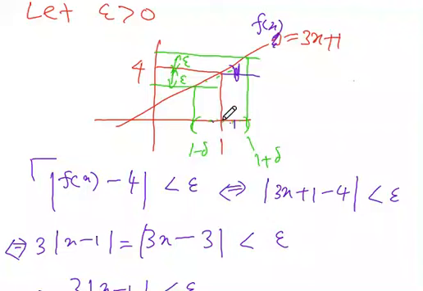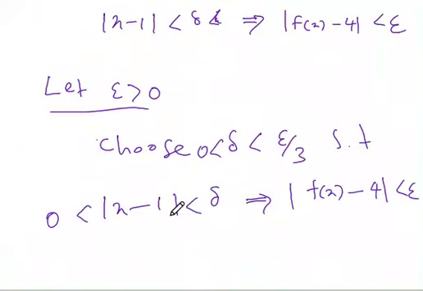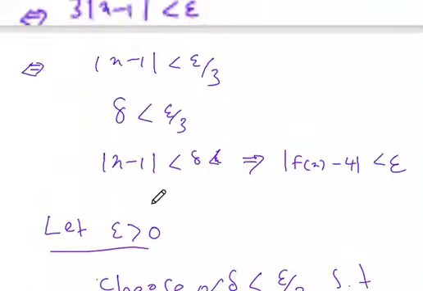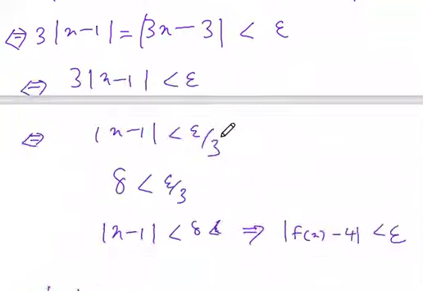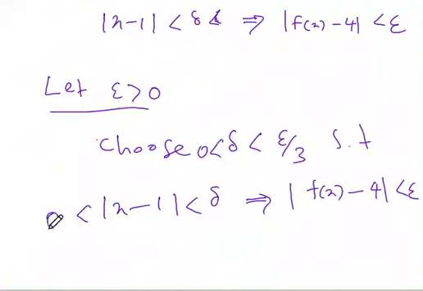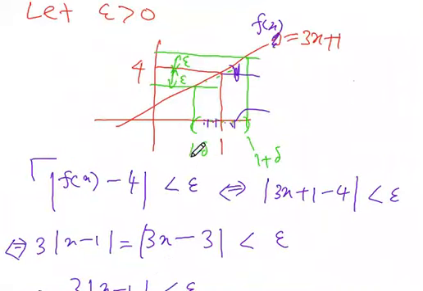If you select any point in this interval, we are not interested in the point 1 itself. We don't need to check that point, so we ignore it. That's why I put greater than 0, which means we omit that point. But we have to consider the other points in this interval.